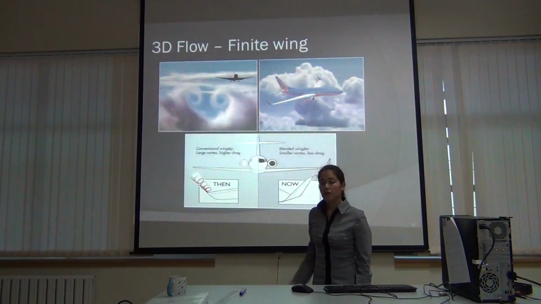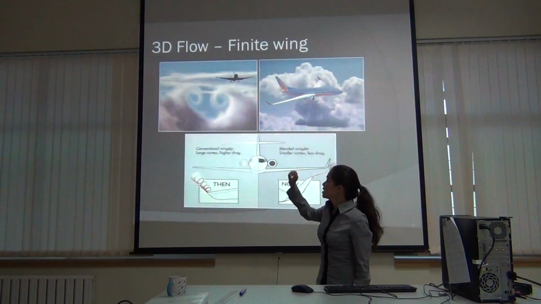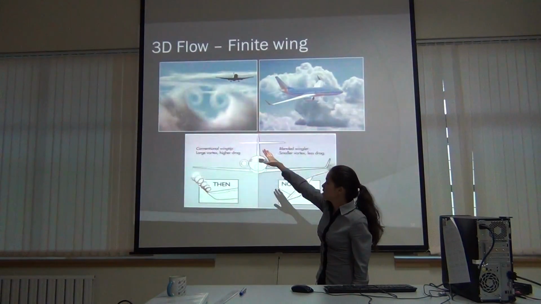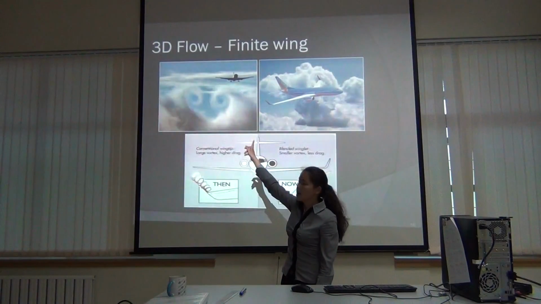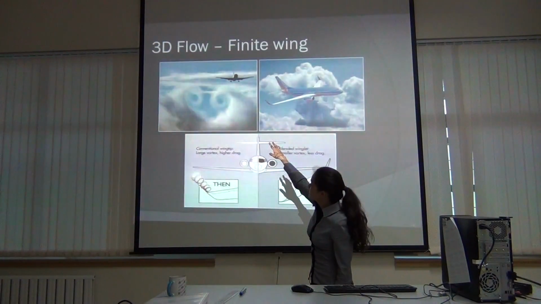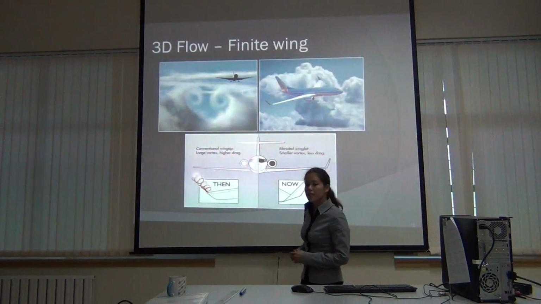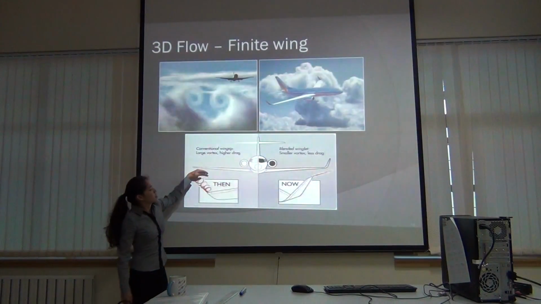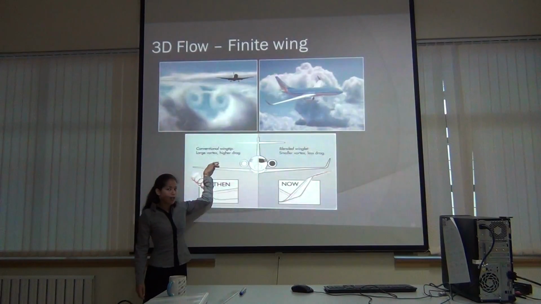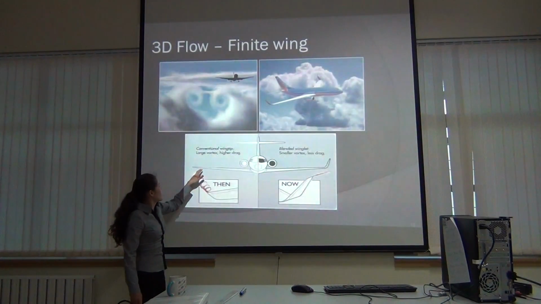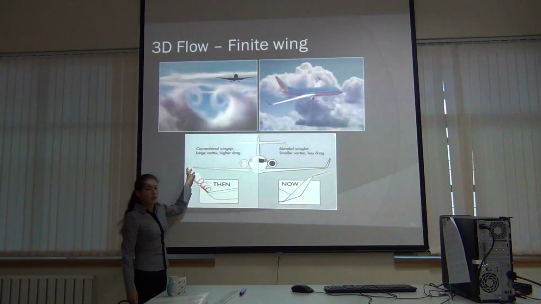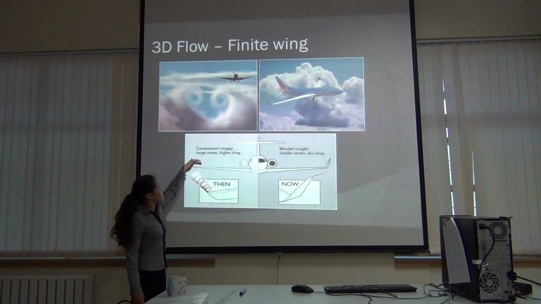It is called vortices, and when a large aircraft flies, you can see after that a spiraling flow of the air. This occurs because pressure below the wing is larger than pressure above the wing, as we learned today. So when they meet at the end, the flow below the wing wants to go up since it has less pressure there.